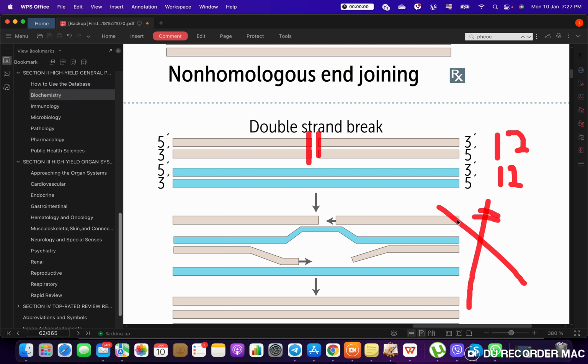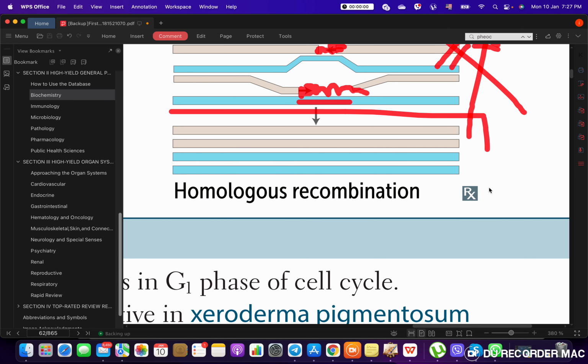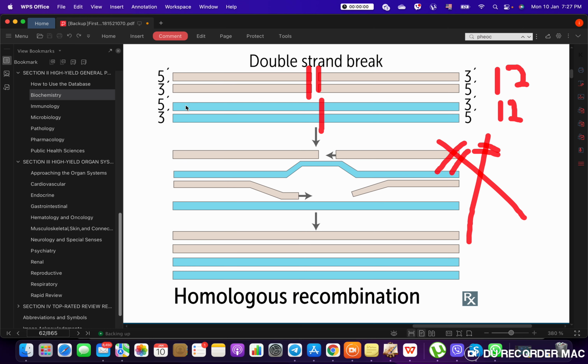Well, let's take a look at my twin brother, because he has my exact same sequence. Yeah? So the other allele has the exact same sequence, which is here. And you take that, use it as a template, and fill up the gaps. And you take the other one as a template and fill up the gaps. So you get two newly perfect homologous recombinations. I hope that makes sense.